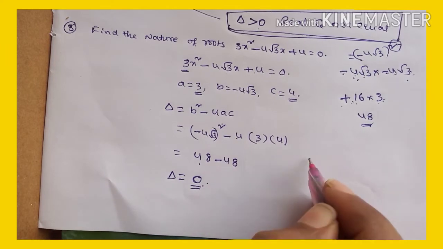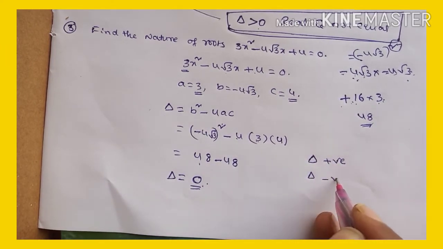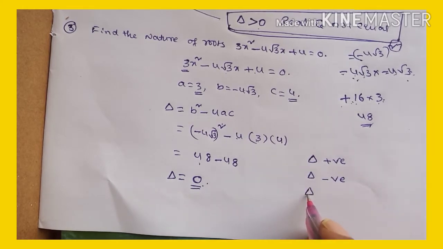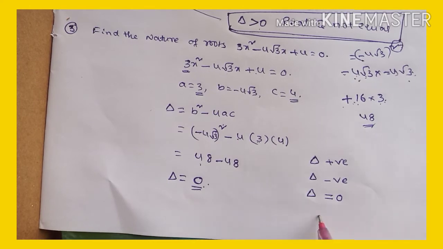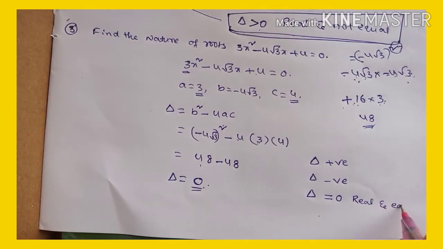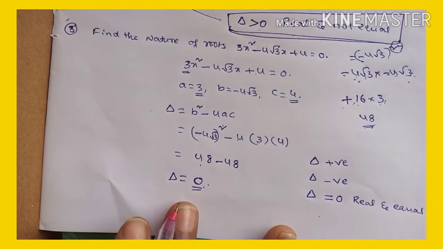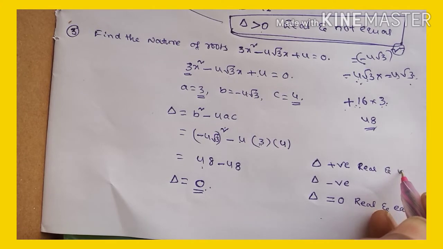In the previous case, one time you got a positive value, then one time you got a negative value. Here, neither positive nor negative, you got delta value equal to 0. Then you can say that roots are real numbers and they will be equal. If it is positive, then roots are real but they will be unequal or not equal.